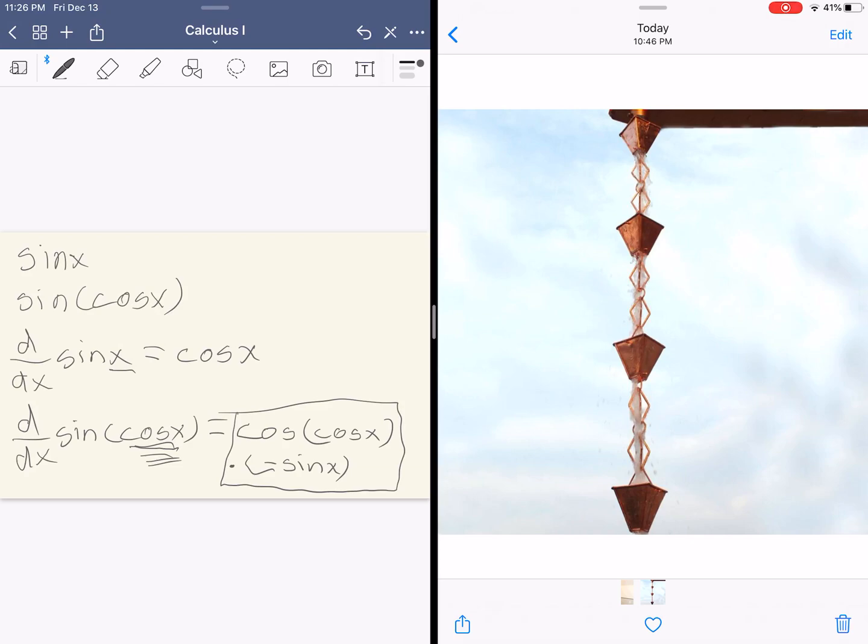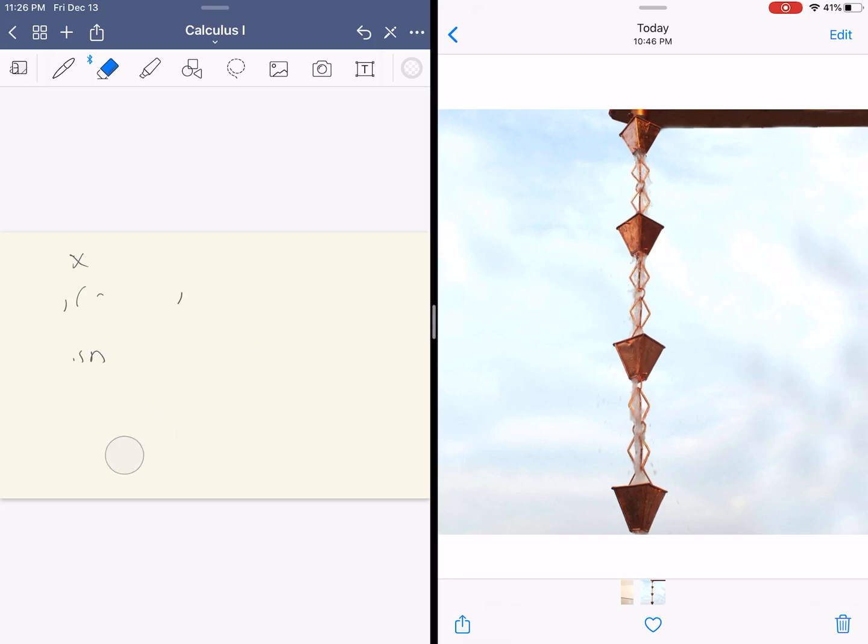Okay, so let's try another function. Let's take the derivative of e to the x squared plus cosine x. What does that equal?